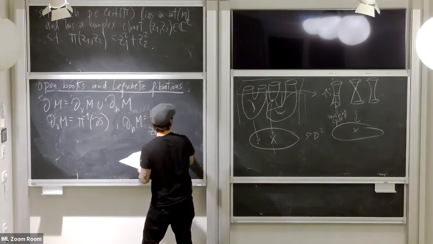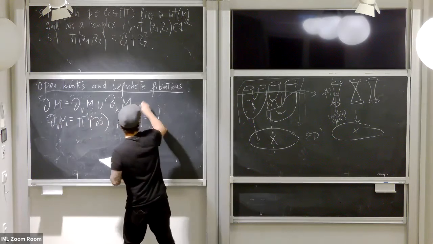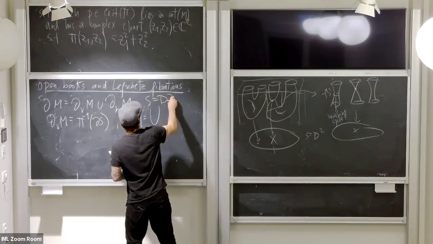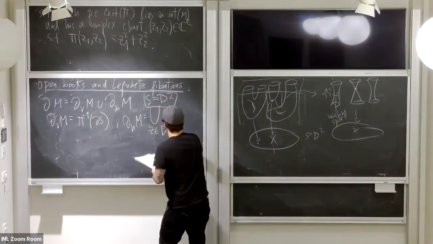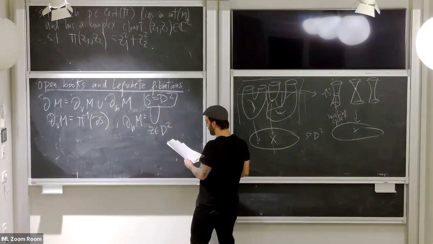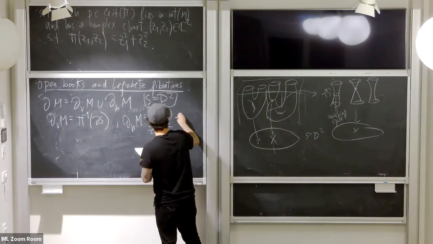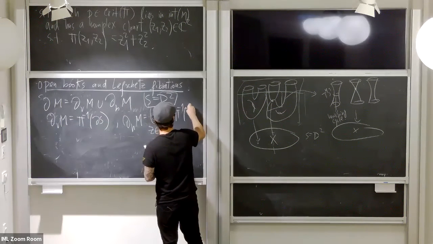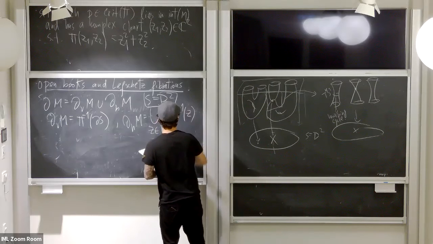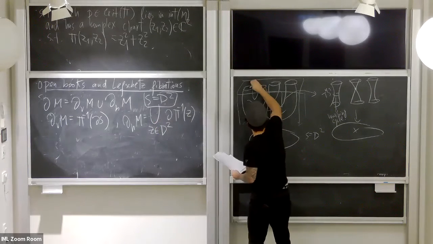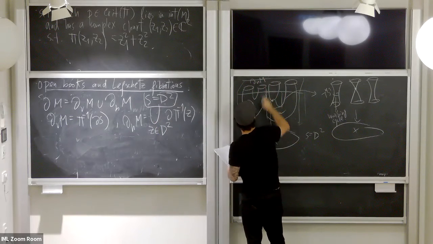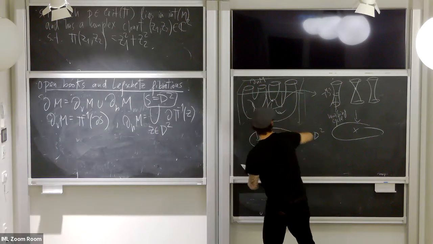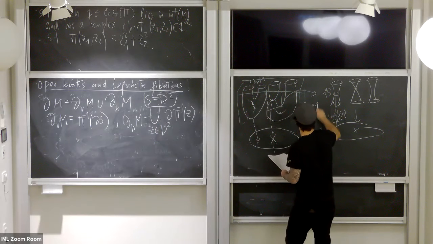Let's focus on the case S equals D2. So it's a union over points of D2 of the boundary of the fibers. So this is the horizontal boundary, and then everything that fibers over the circle is the vertical boundary.